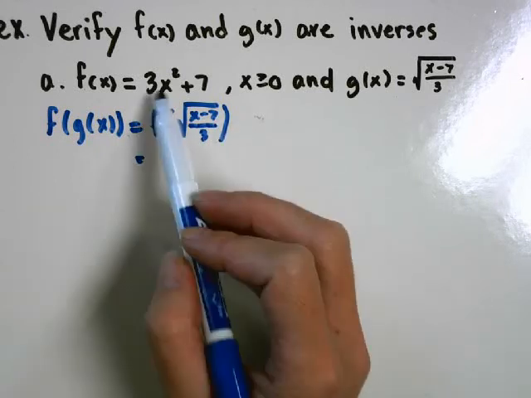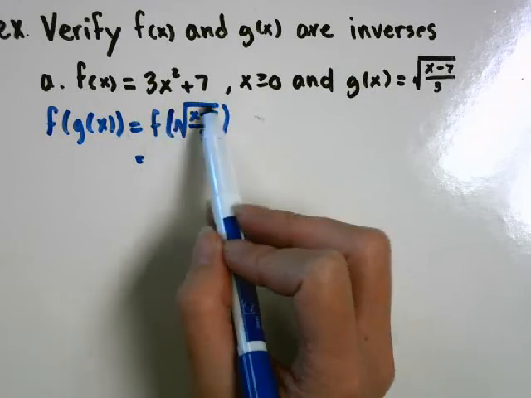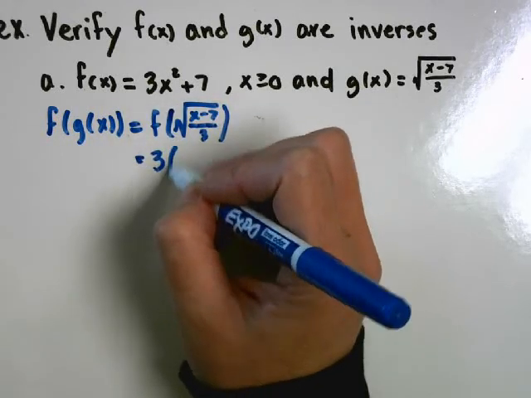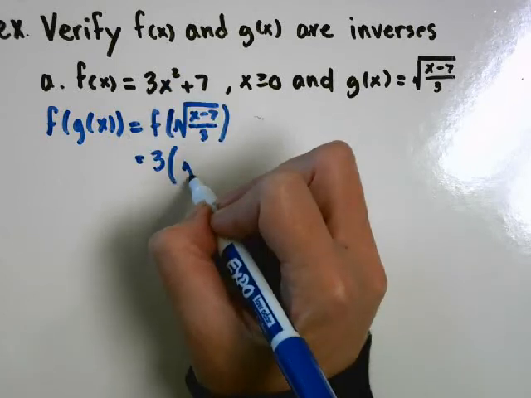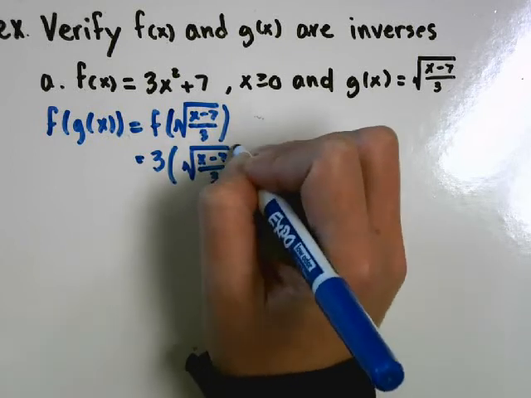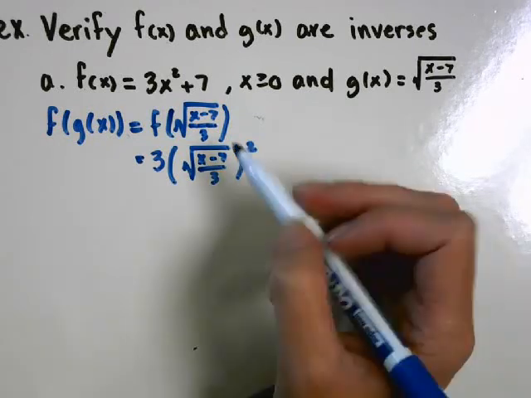So now I'm evaluating this function here. So I'm going to take this entire thing and plug it in for that x. So we're going to have 3, instead of x squared, we're going to have root of (x minus 7) over 3, squared. And then we just start simplifying.